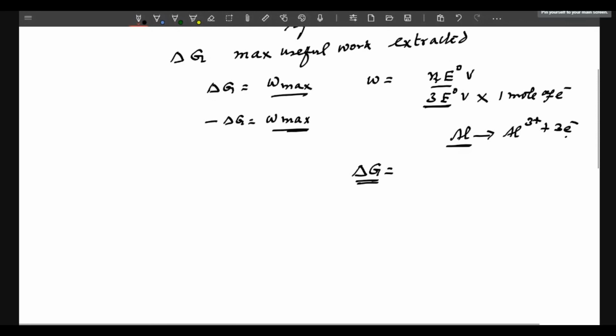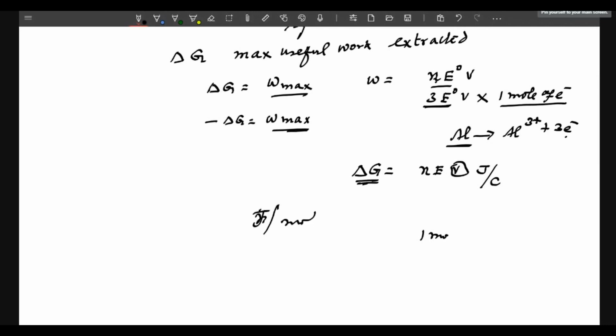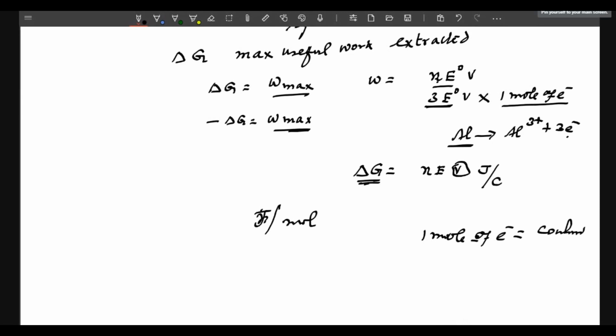Therefore, for this, how many coulombs are there for 1 mole of electrons? Why are we in need of the coulombs? N is a number, E is the volt. Volt is nothing but joule per coulomb. Now delta G is given in terms of joule per mole. This is joule per coulomb. Therefore, you have to calculate for 1 mole of electrons how many coulombs there are.